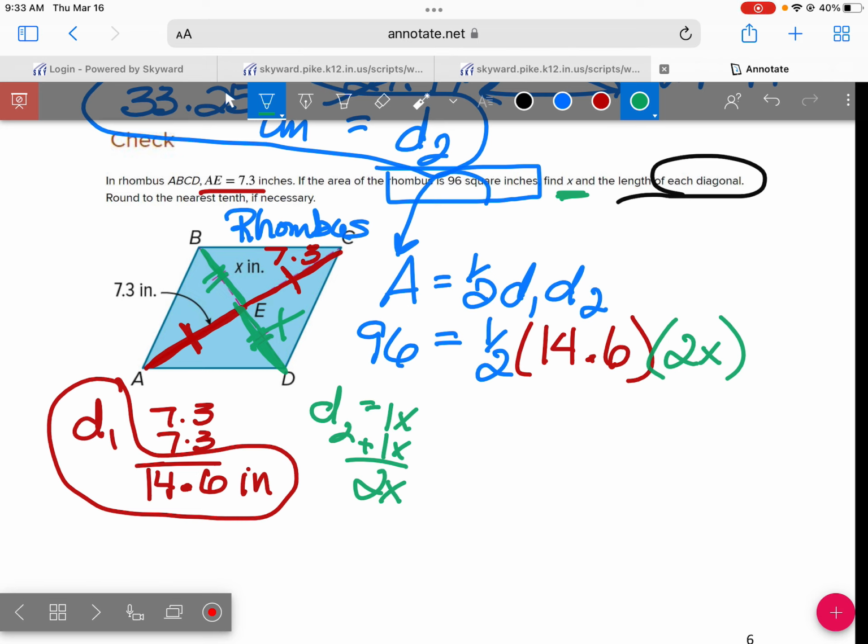We need to solve for x. So on your calculators, I want you to take 1/2 times 14.6 times 2. I want you to calculate all of this inside the black parentheses. 1/2 times 14.6 times 2. It is 14.6.